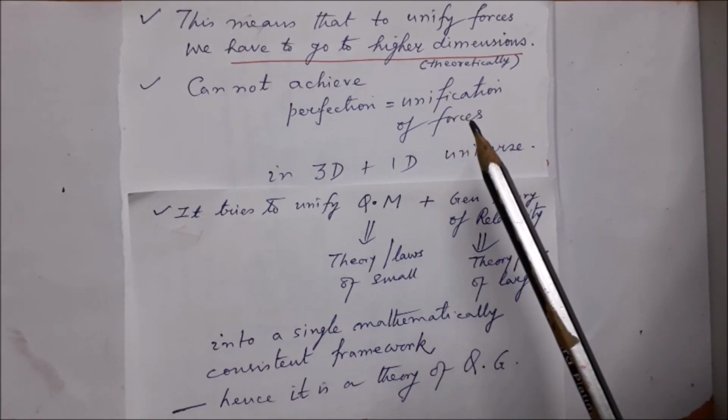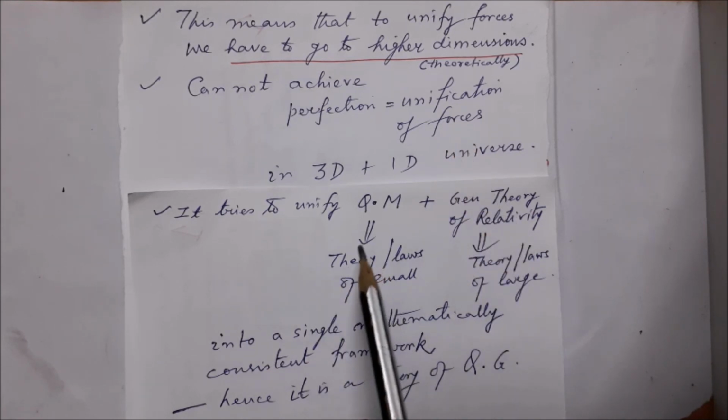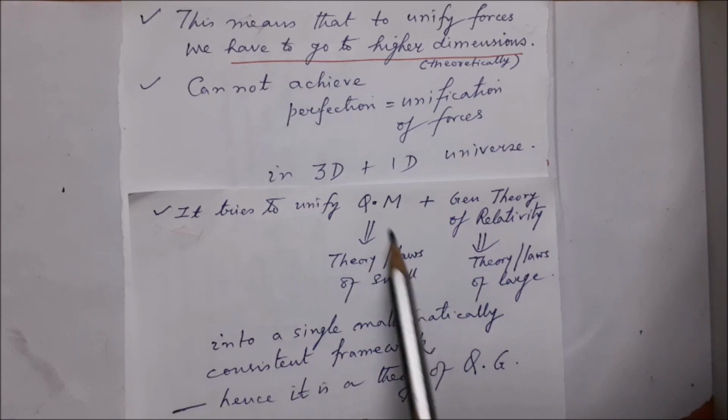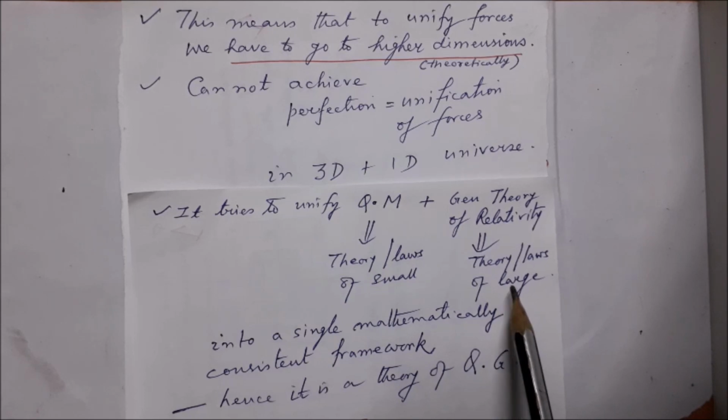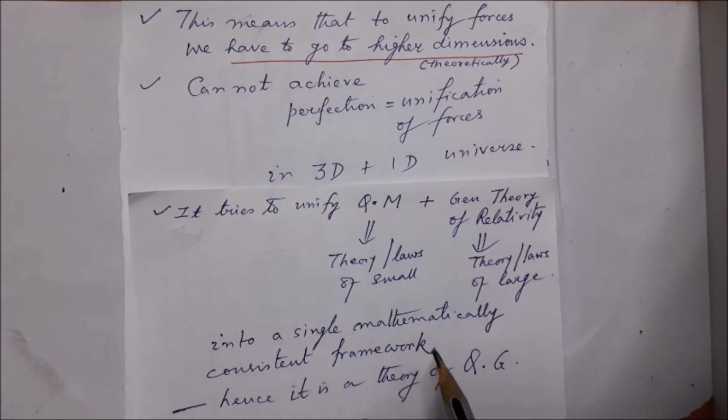In other words, the string theory aims to combine laws of the small given by quantum mechanics with the laws of the large given by general theory of relativity into a believable, well-knit, rigorous and compact mathematical framework. So it is a sort of quantum gravity theory, Q for quantum mechanics and G for general theory of relativity.